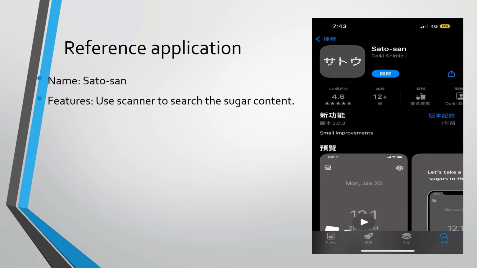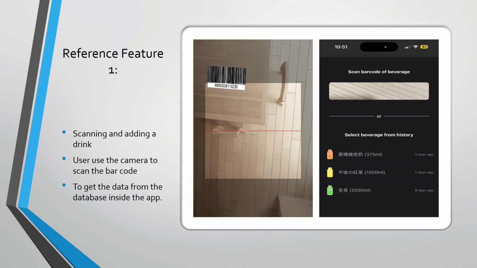We also saw an amazing app called Sentosa. This is a sugar calculation app. You just scan the barcode of the drink product, and the logic behind the app will automatically generate the corresponding sugar.